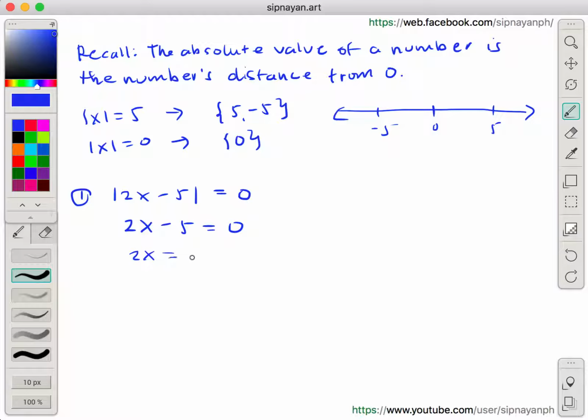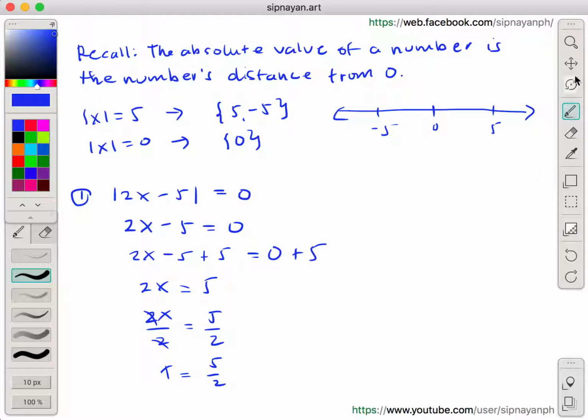So, 2x equals 5, that's adding 5 to both sides. Minus 5 plus 5 is 0, so the 5 disappears. So, 2x equals 5, and we divide both sides by 2, which means that x is equal to 5 halves.